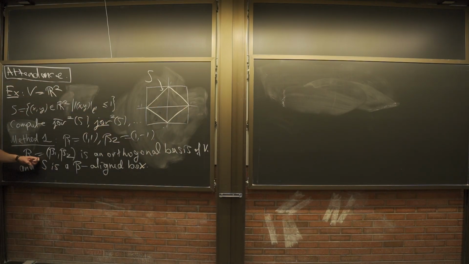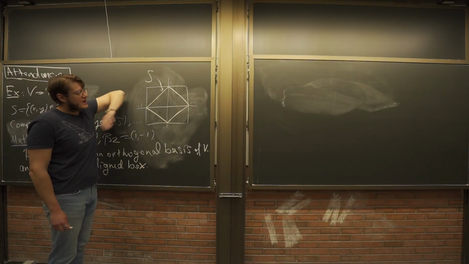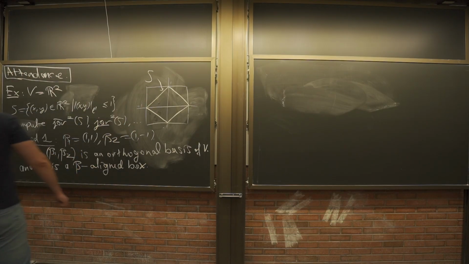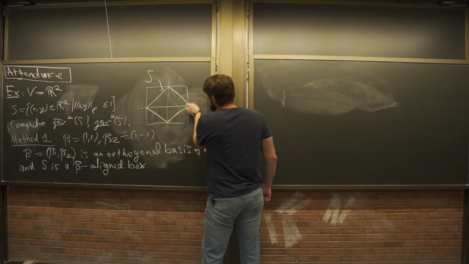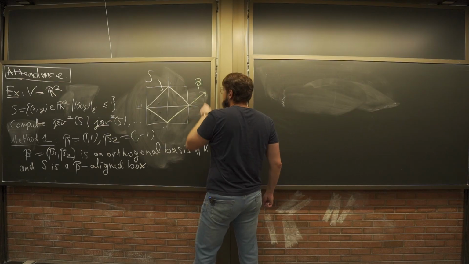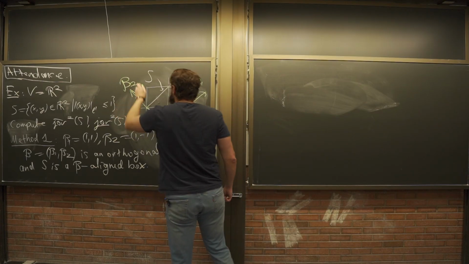Relative to this orthogonal basis, S is an aligned box, meaning in one direction I have this beta 1. In this direction I have beta 2.